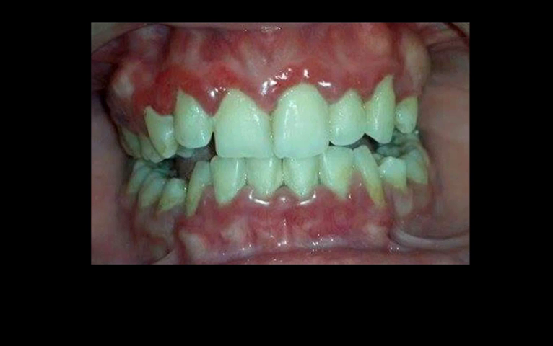So we're looking at a 22-year-old patient with severe gingival inflammation, especially in the interproximal area. It looks like it's more in the anterior zone, but definitely going more posterior as well. Very severe inflammation. It looks like there's subgingival and supragingival calculus. We see this very clearly.